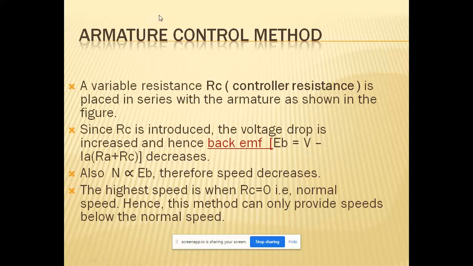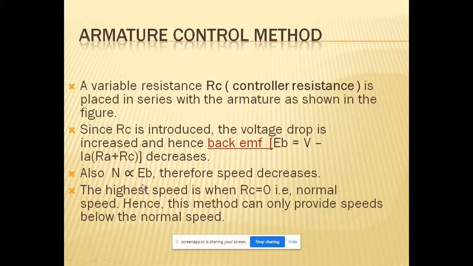Now, EB equals V minus Ia into Ra plus Rc, where Rc is controller resistance and Ra is armature resistance. If Rc is increasing, then the armature voltage drop also increases, and with supply voltage constant, EB is decreasing.